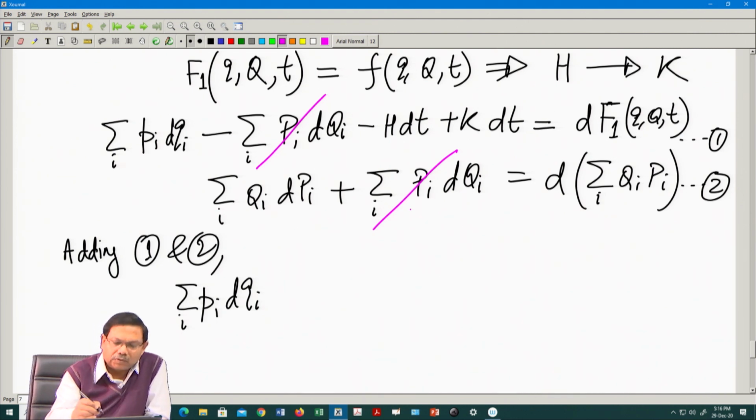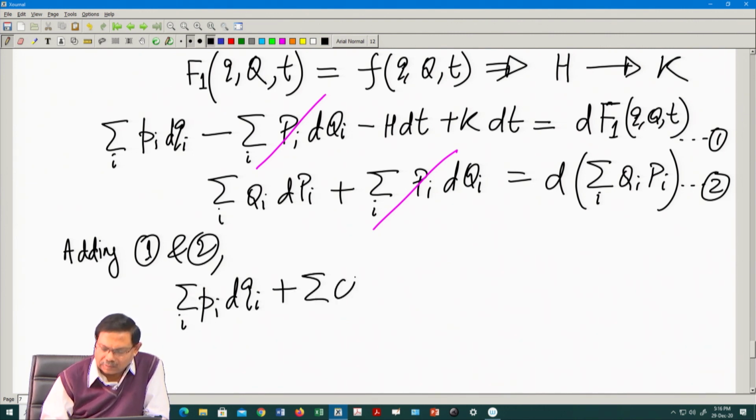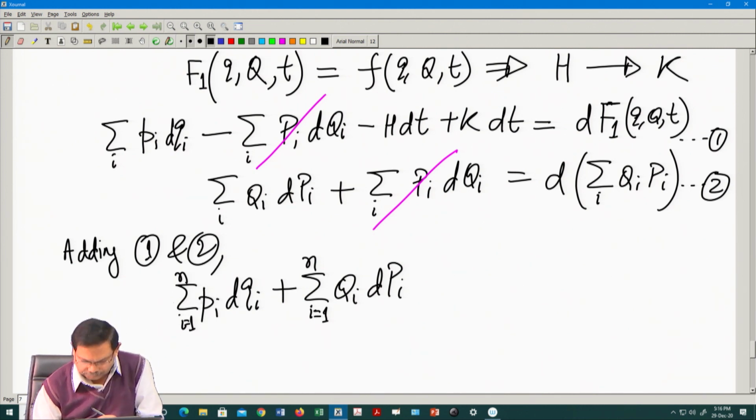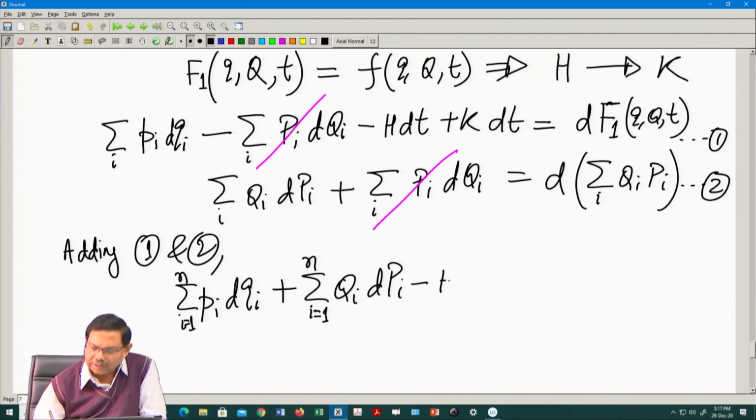right. So, we get plus q_i dp_i, and i goes from 1 to n. What is n? n is the number of degrees of freedom. So, we have n generalized coordinates, n generalized momenta and one variable, time, minus H dt plus K dt.